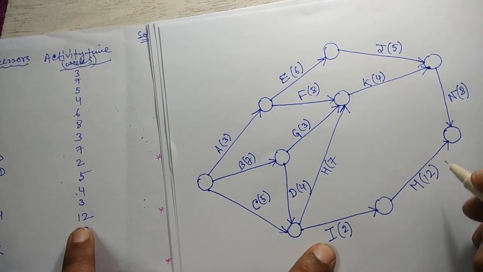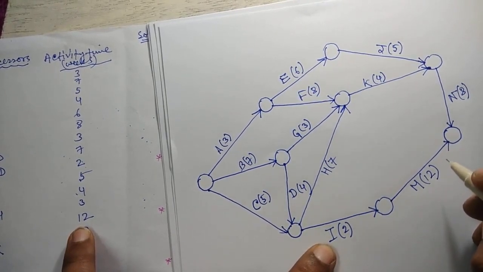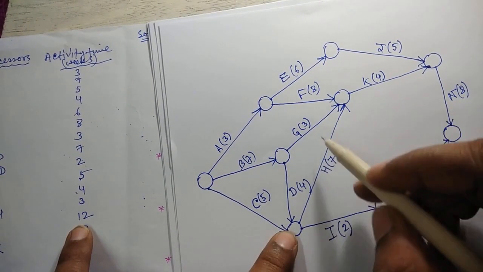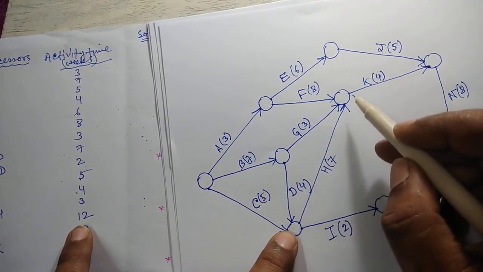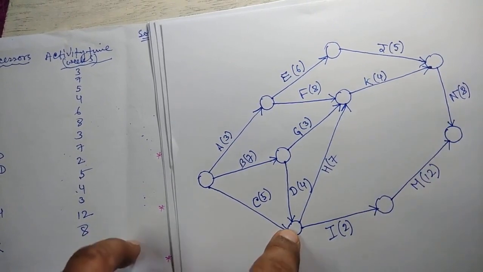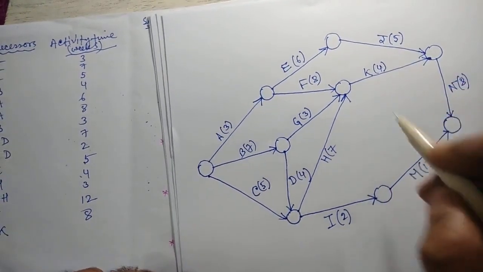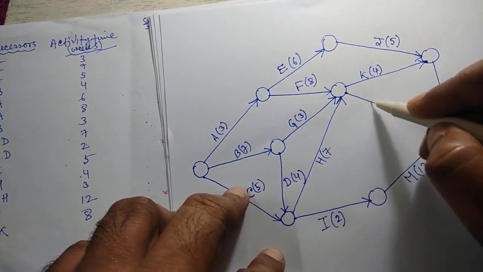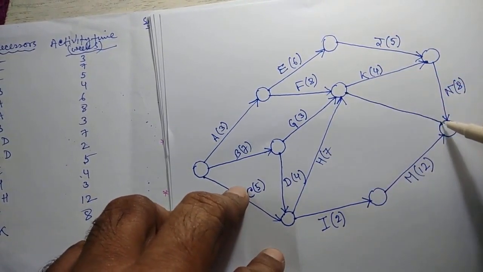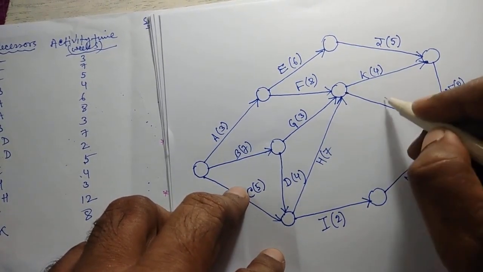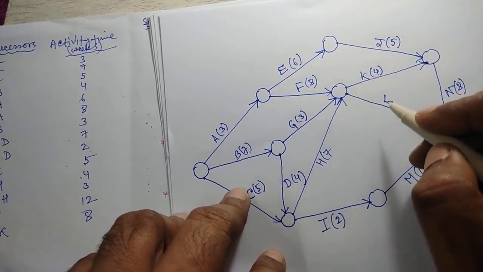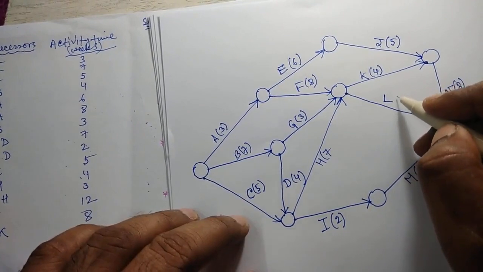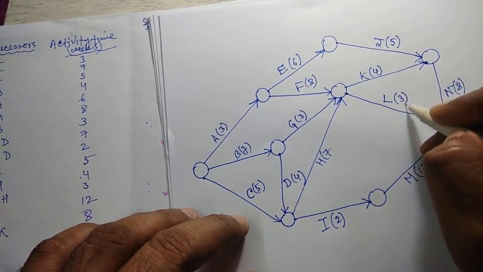And L will start from this node, FGH, and meet here. This is L, timing 3 weeks.